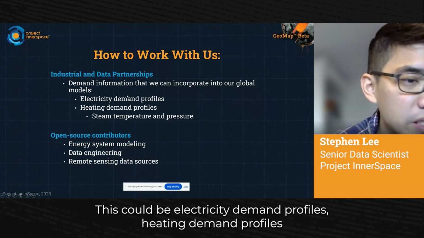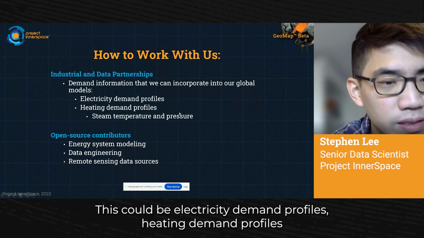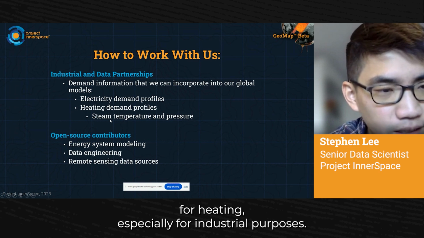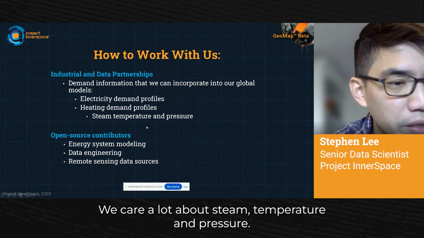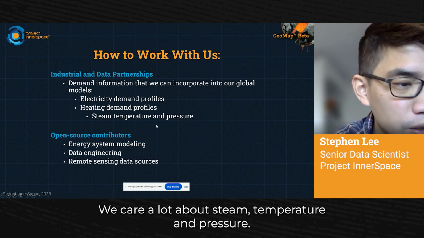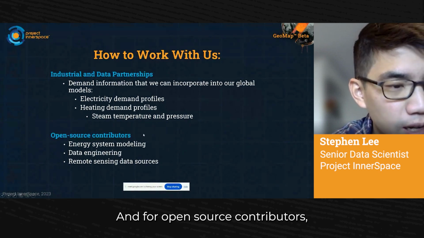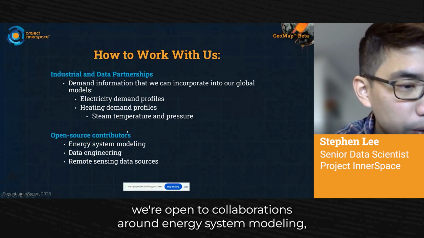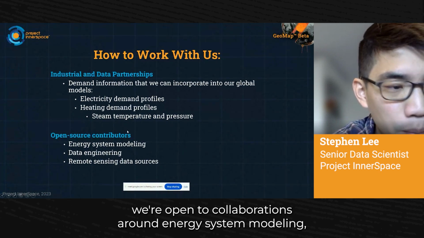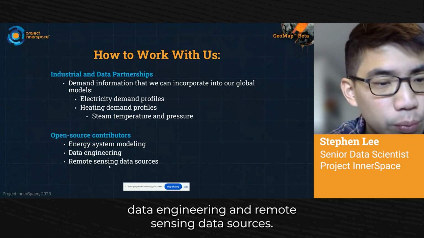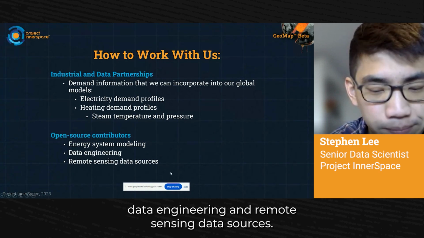This could be electricity demand profiles, heating demand profiles. For heating, especially for industrial purposes, we care a lot about steam temperature and pressure. And for open source contributors, we're open to collaborations around energy system modeling, data engineering, and remote sensing data sources.